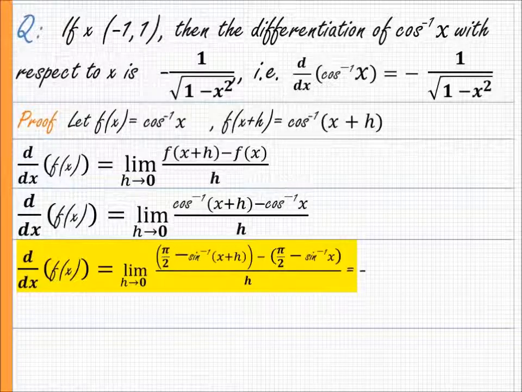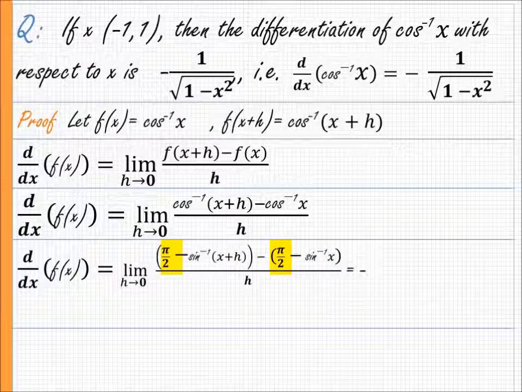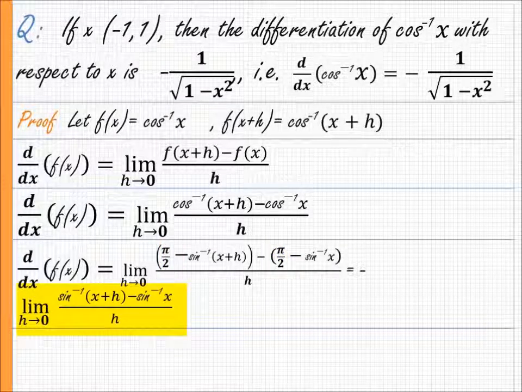And now cancelling half pi in the numerator, we have the derivative of f of x with respect to x equal to minus limit h approaches 0, sine inverse of x plus h minus sine inverse x divided by h.